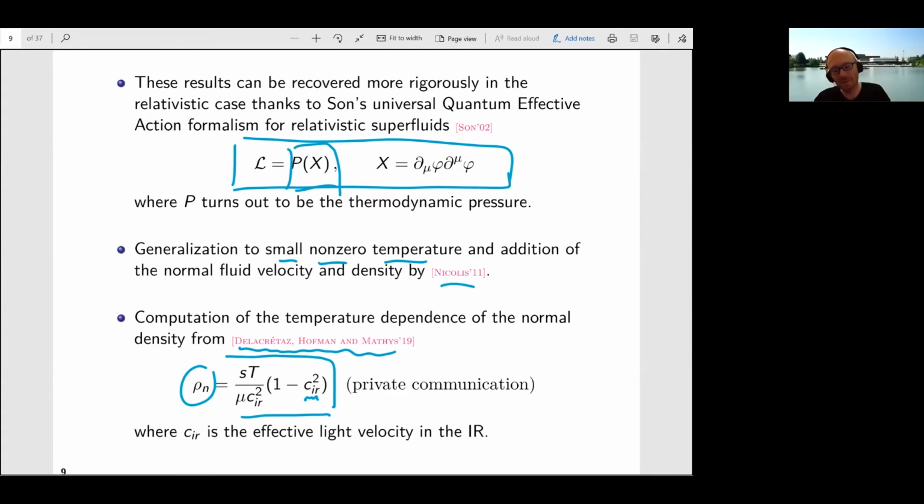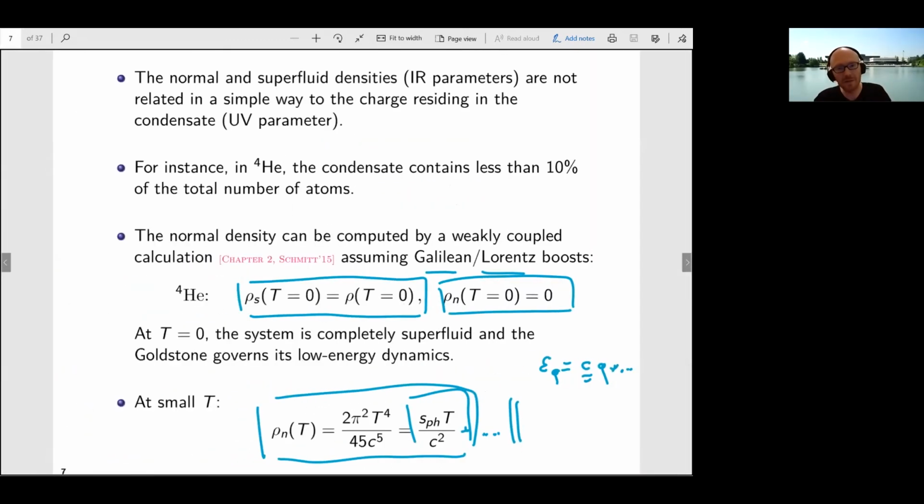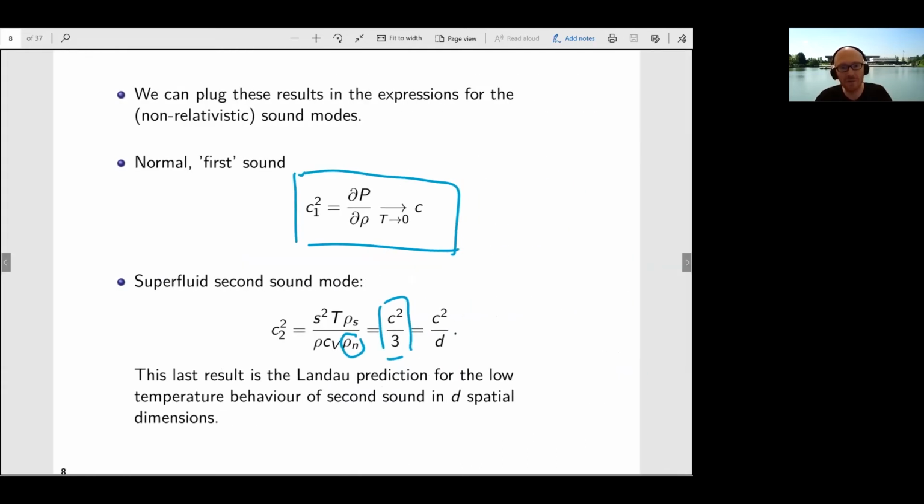So, well, you see that here, people were being a bit imprecise in the sense that they assumed that there's a linearly dispersing mode, but then when you actually go, we know what the spectrum is. There should be these particular sound modes. These are the sound modes that come out of superfluid hydrodynamics. And you see that this C is actually not really the second sound mode. It's related to it, but it's not exactly that.